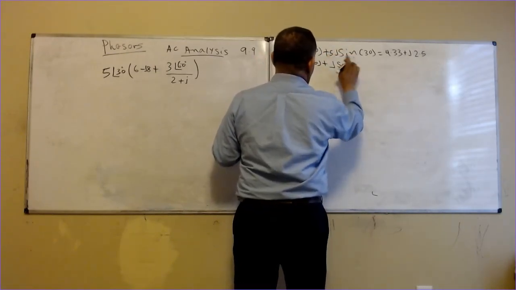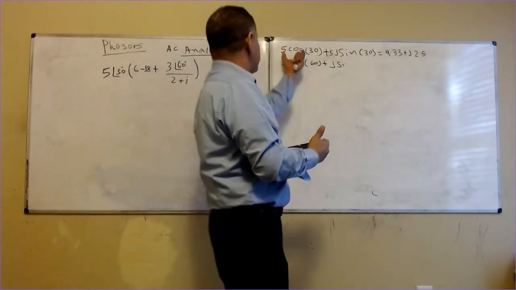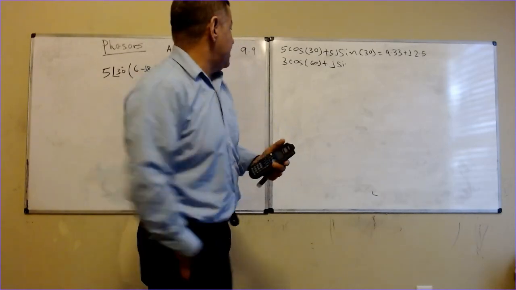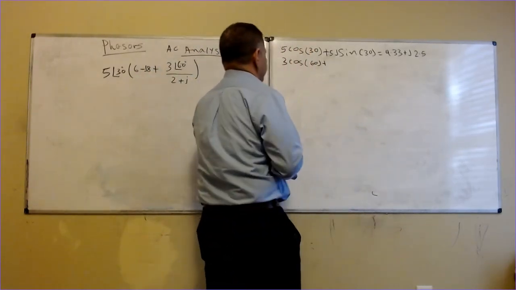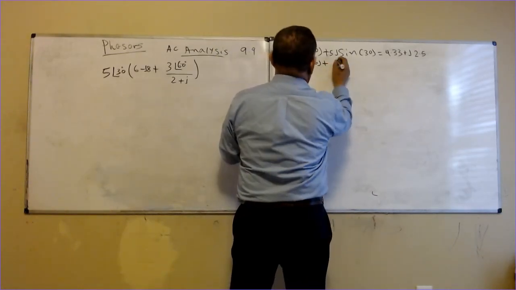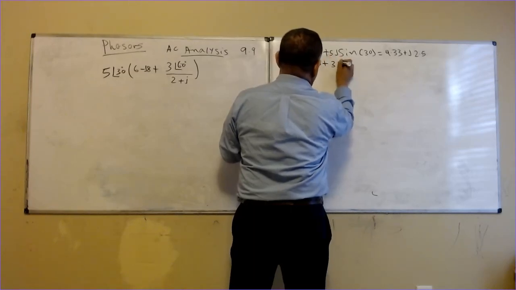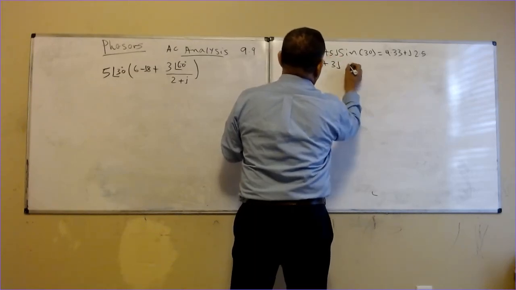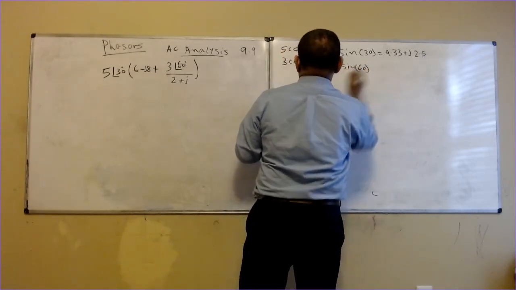And also over here, to make it clear, you can put parentheses here, and do the same thing, but it's up to you how you want to do it. Doesn't matter. So right here, I will say 3j sine of 60 degrees, right?